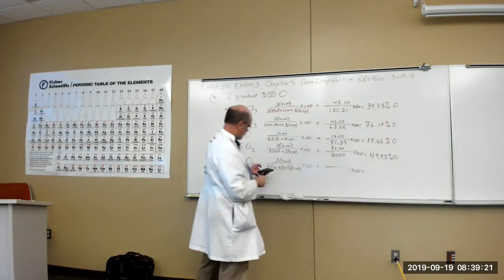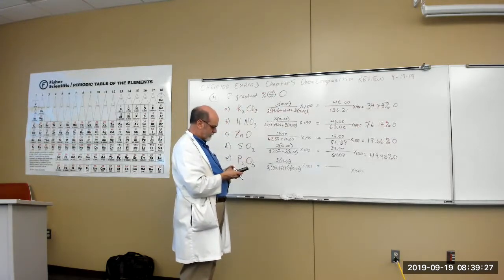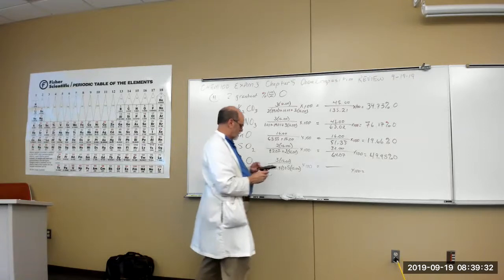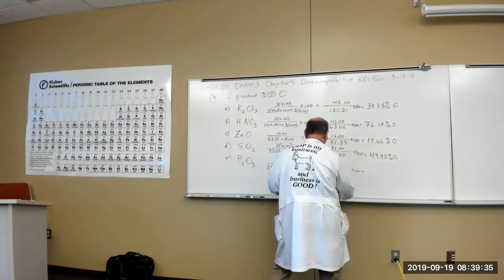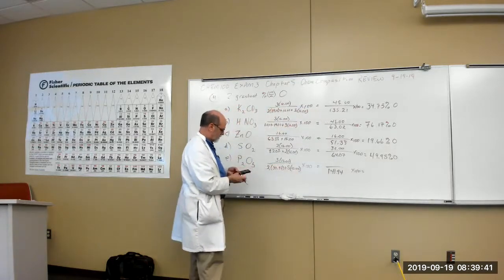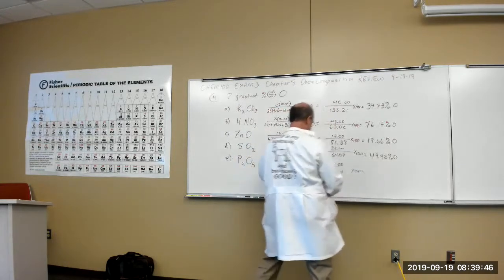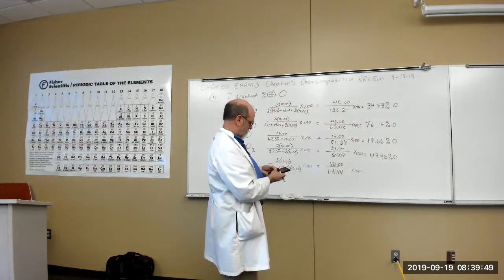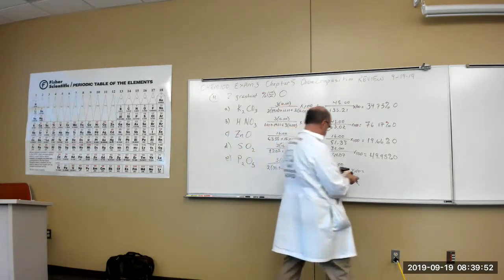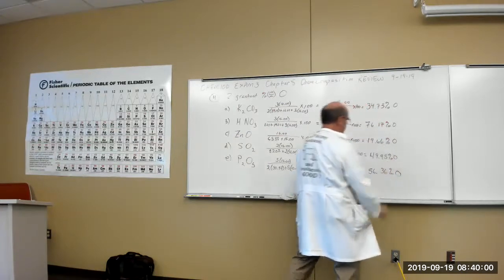And the last one, 2 times 30.97 plus 5 times 16 is 141.94. And then on the top, 5 times 16 is 80. So I get 56.36. Okay.